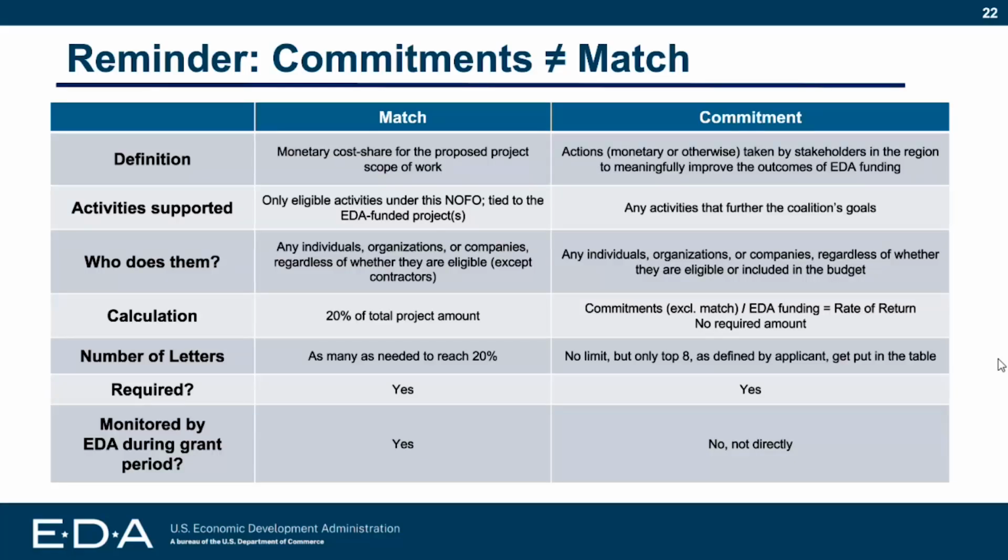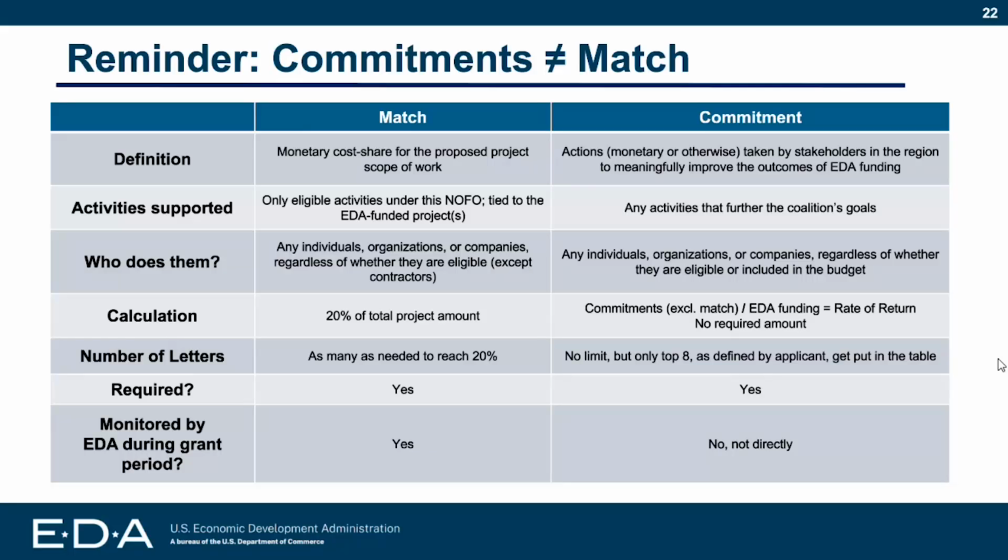Commitments are things outside of match. They are outside of the direct scope of work, but these are activities that further the coalition's goals. These are activities that support the projects being proposed and support the coalition. So we think of these as outside leverage funds. For commitments, you would need to submit a letter explaining what the commitment is.